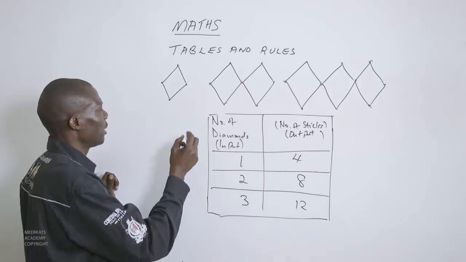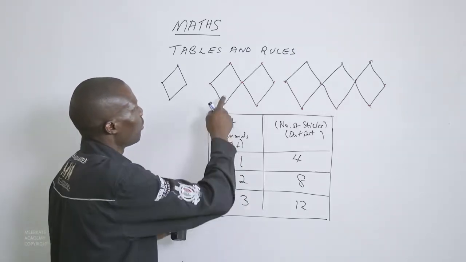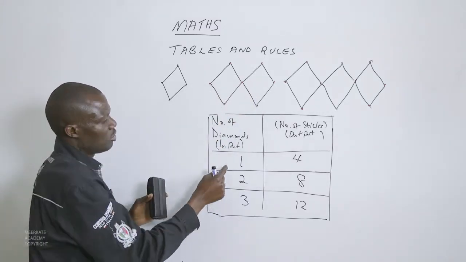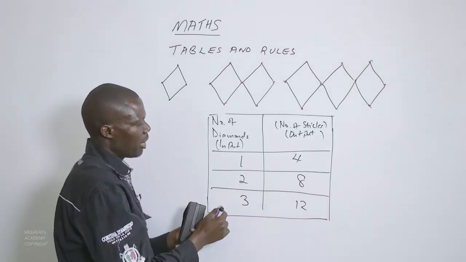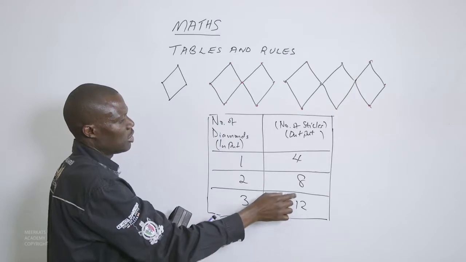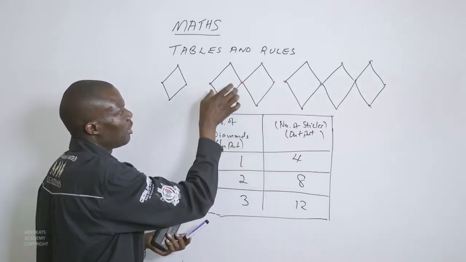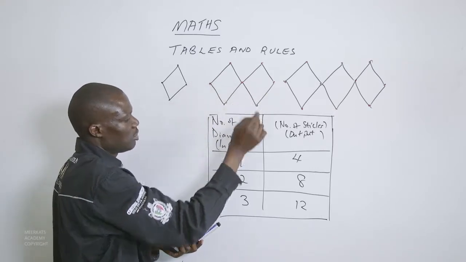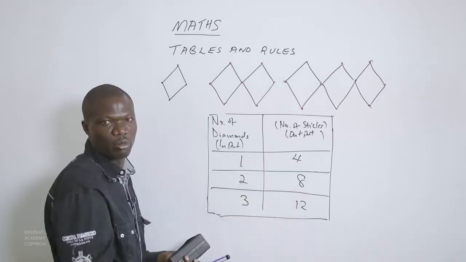So, for example, for 2 diamonds, it's 4 sticks times 2, where 4 sticks is for 1 diamond, multiplied by 2. To get this 8, we took 4 sticks multiplied by the number of diamonds, which is 2. That is how we arrived here, and that is the rule that has guided this table.